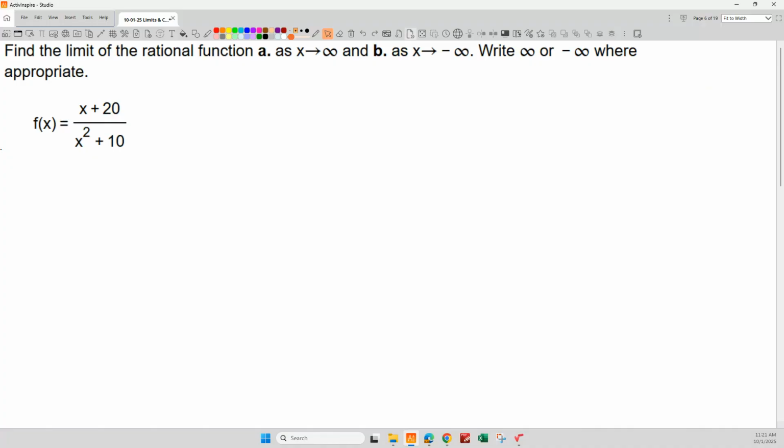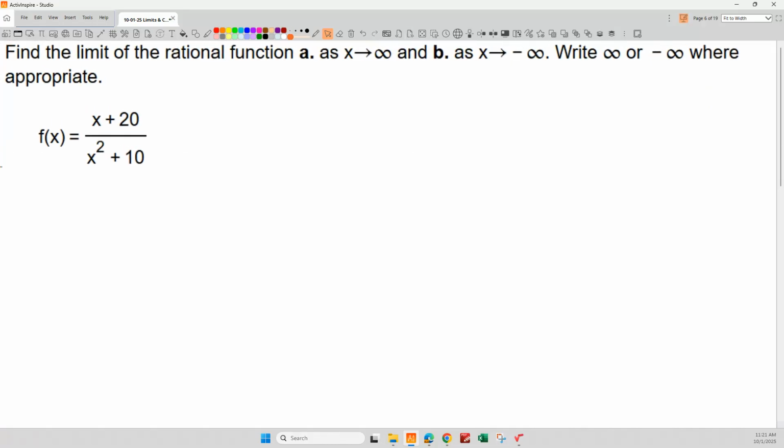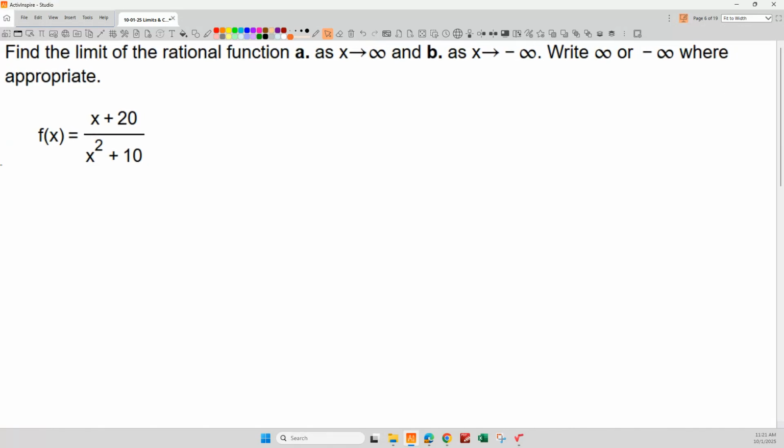Okay, it says find the limit of the rational function as x approaches negative infinity or x approaches infinity. Got to try each one. Well, this is easy. We can just look at this and tell the answer. What's it going to be? Yeah, how come?